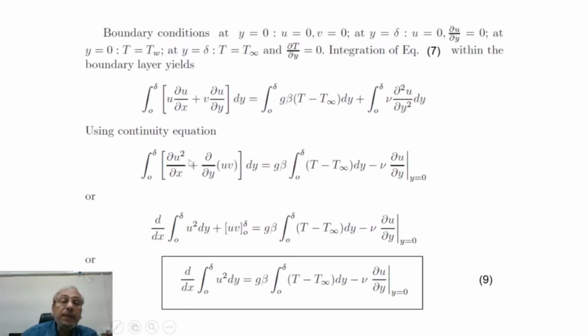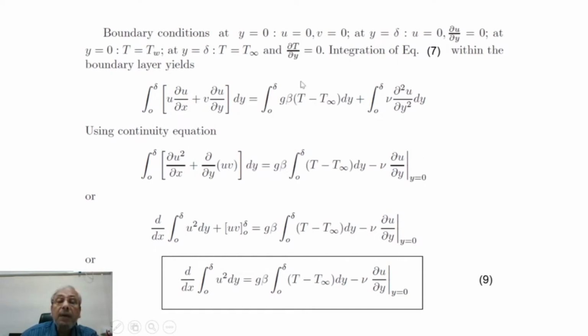And if we convert u del u del x plus v del u del y into conservative form, we can write del x of u square plus del y of uv. The entire quantity is integrated with respect to dy.